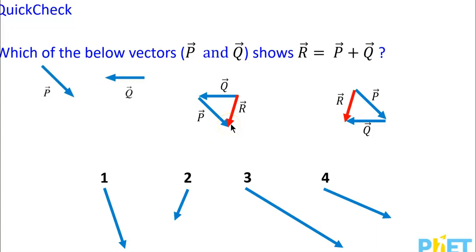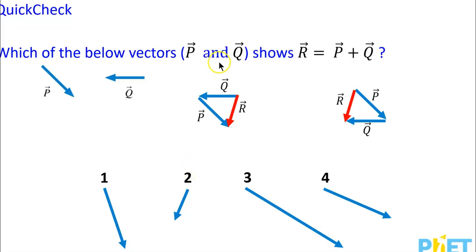It doesn't matter the order in which you do it with vector addition. If you started with taking P and putting it to the tail of Q, you would get the same resultant vector. So the correct answer is number 2.